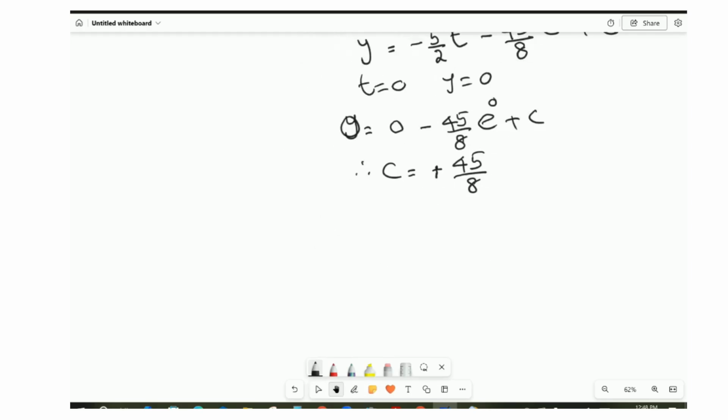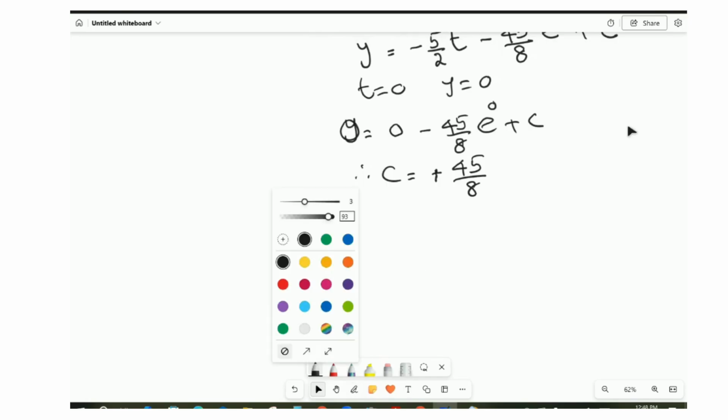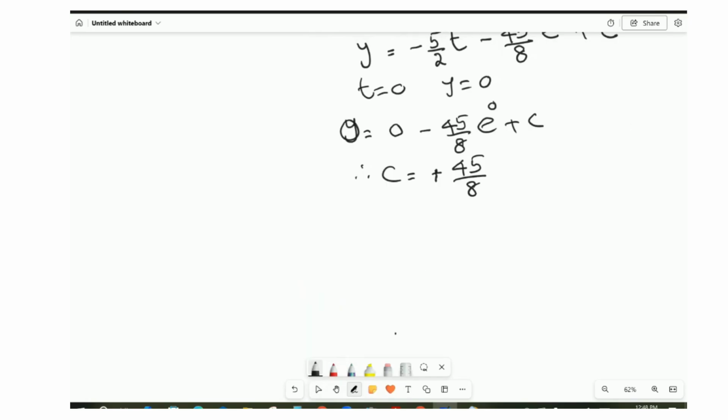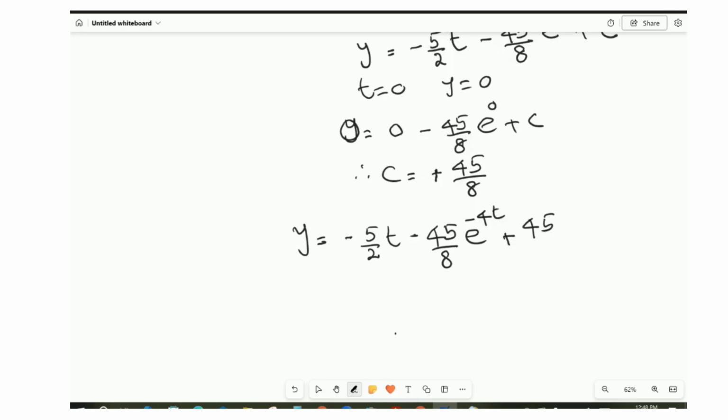Okay, so therefore I can write y is equal to minus 5 divided by 2 t minus 45 divided by 8 e to the power minus 4t plus 45 divided by 8.